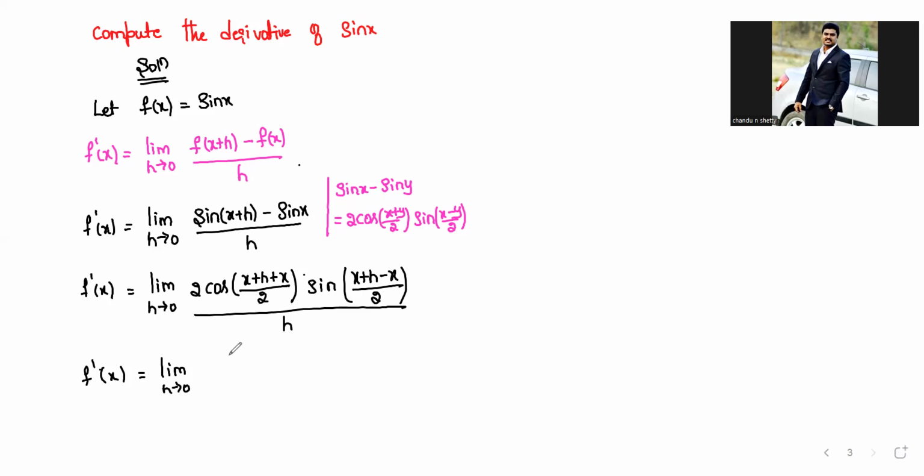Here 2 cos of (2x plus h) by 2 into sin of, x and x cancel, h by 2 remains. Is it clear to all of you? Whole divided by h. Clear? Now observe.